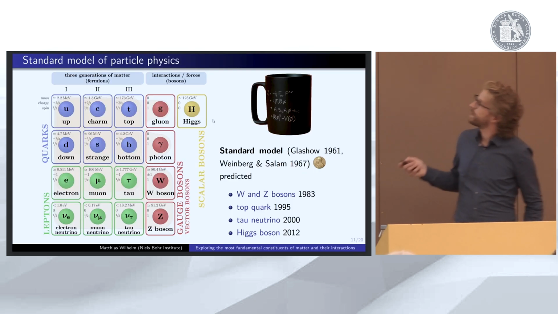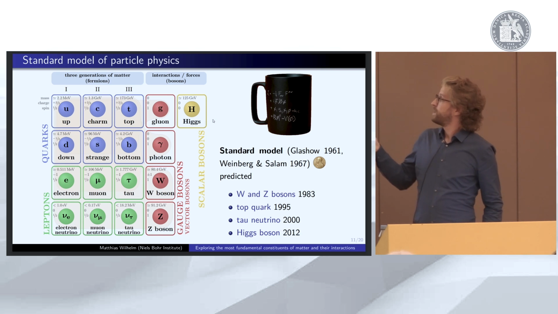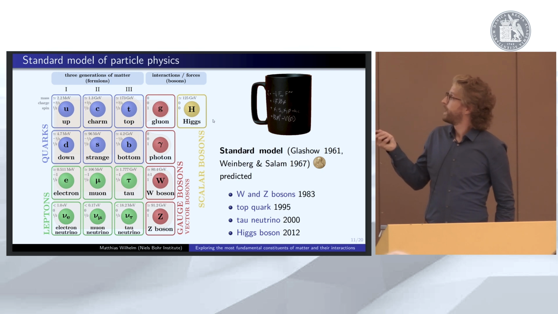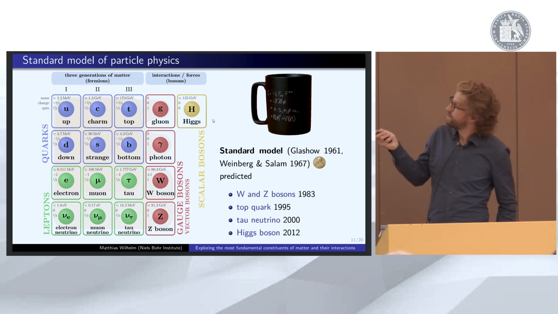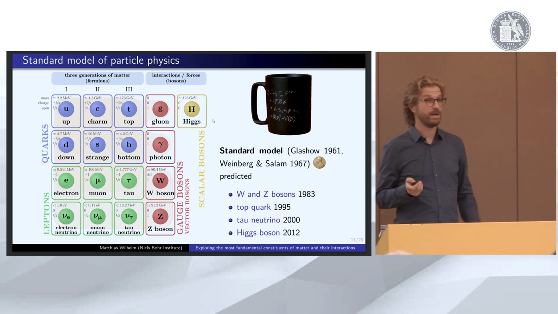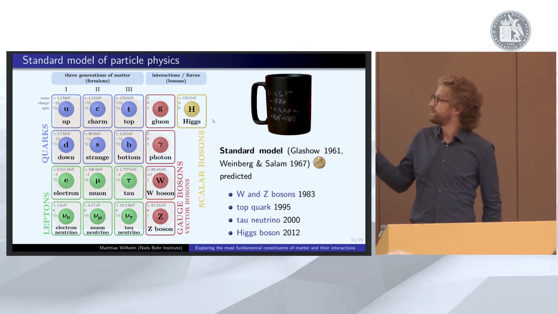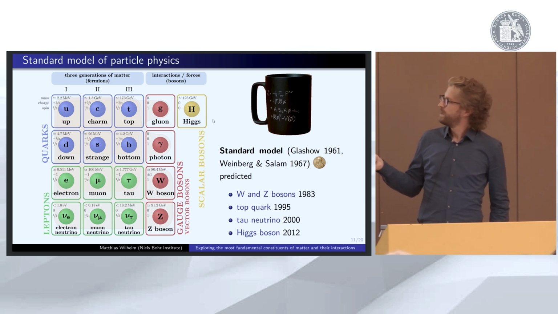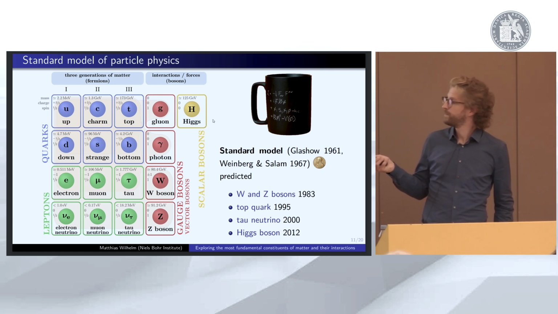So far, we have encountered the photon, which carries the electromagnetic force, the gluon carrying the color force of the previous page, and then we found the four matter particles, the up and down quark from the nucleus of atoms, the electron, and this quite hard to detect neutrino.